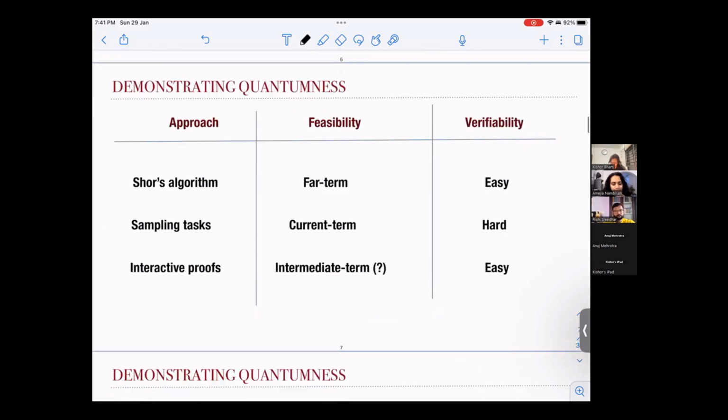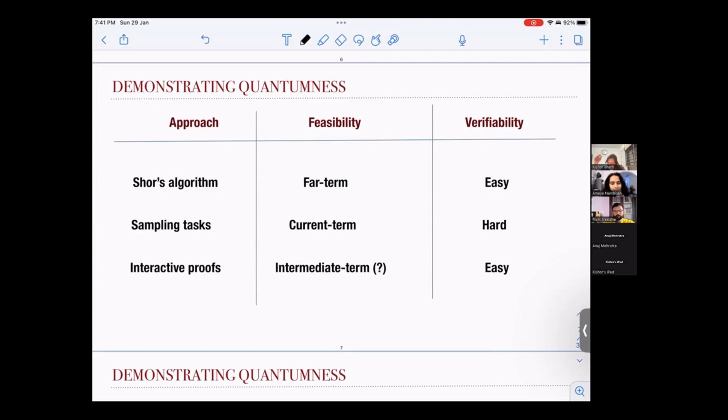There are three approaches to demonstrating quantumness. One is implementing something like Shor's algorithm. You assume that factoring is hard classically, and under that assumption, if somebody can factor, then you trust their claim that they indeed have a quantum computer.